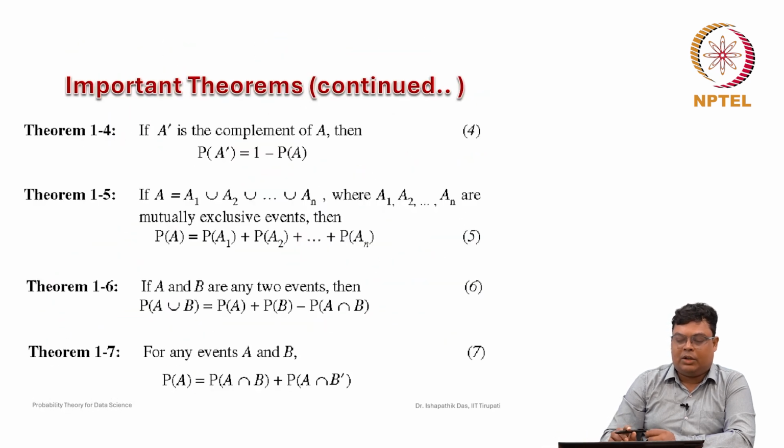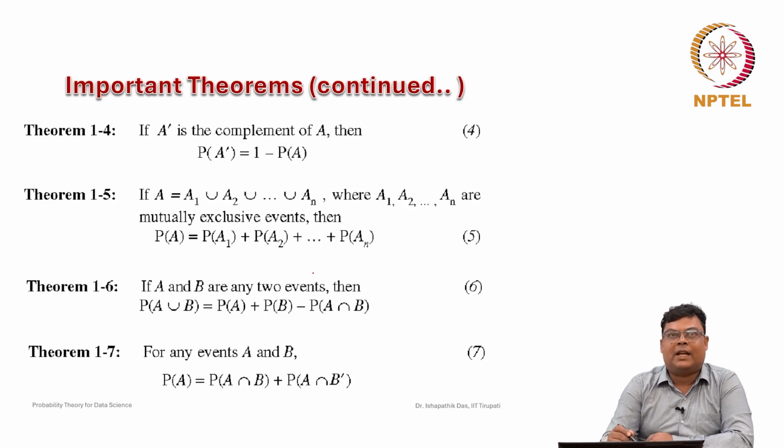Now, theorem 1.5 says that for a finite number of mutually exclusive events, suppose A1, A2, ..., An are pairwise mutually exclusive events, we can write probability of A1 union A2 union ... union An is equal to probability of A1 plus probability of A2 plus ... plus probability of An.